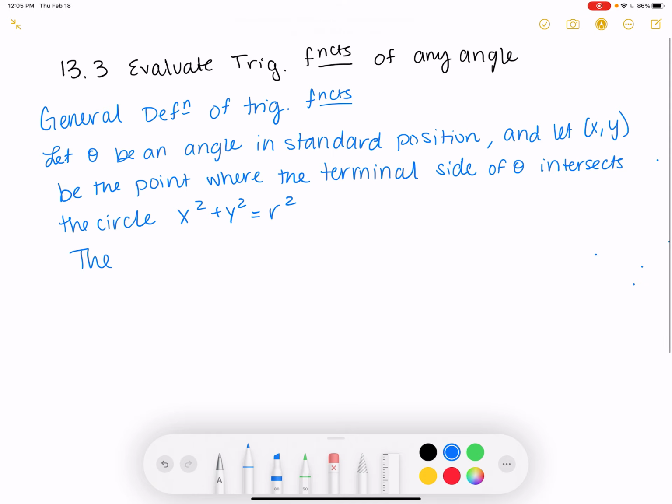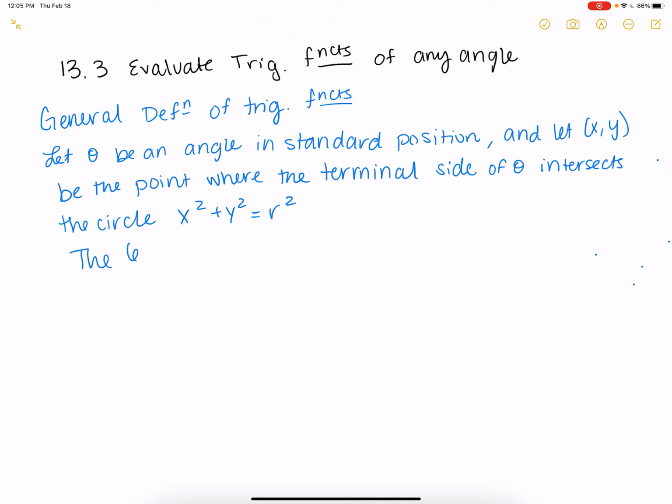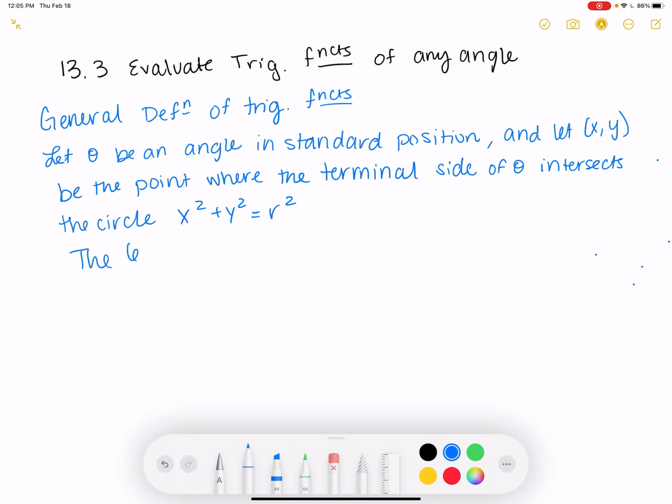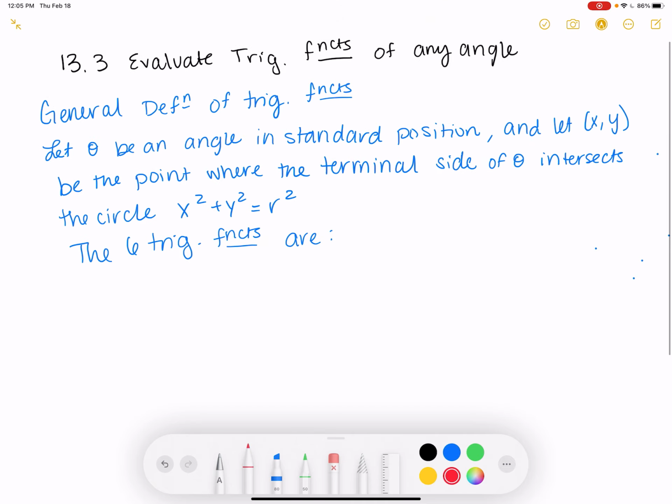The 6 trig functions are, sine of theta, well, here, let's draw the circle first over here for reference.